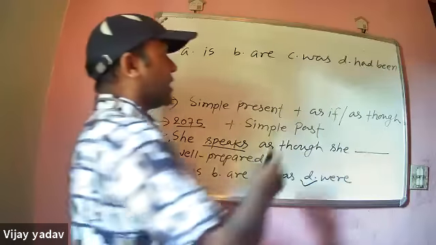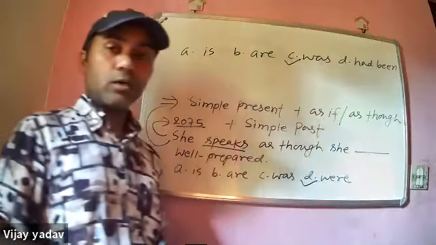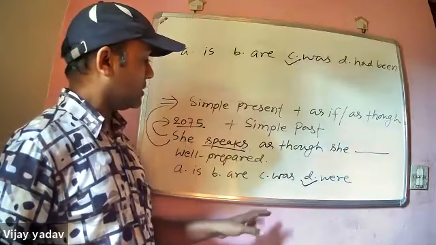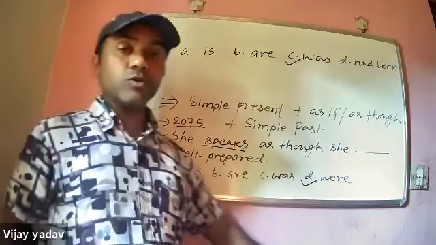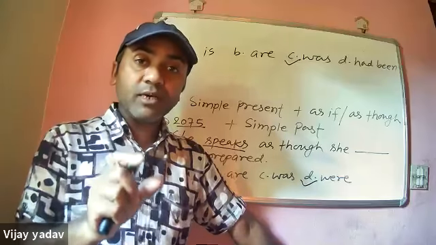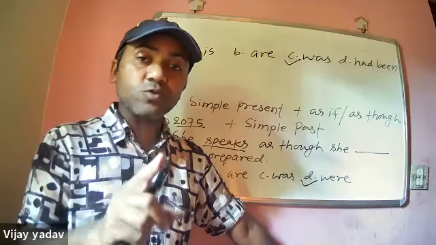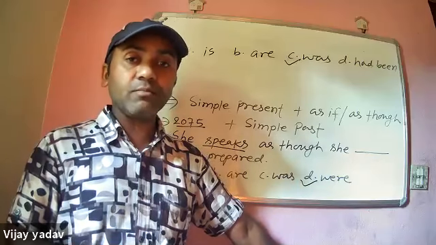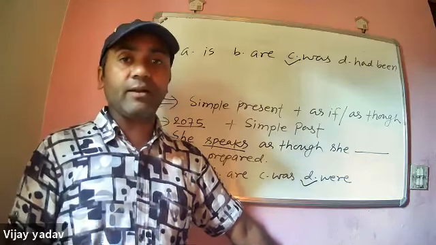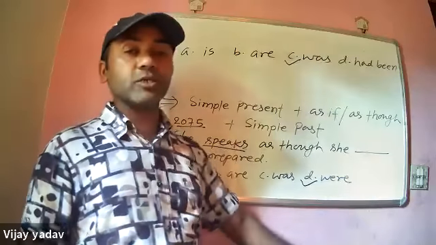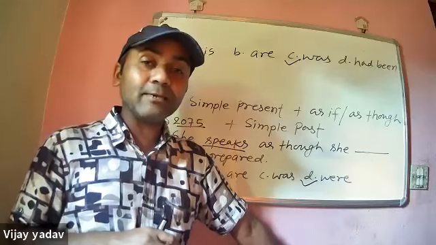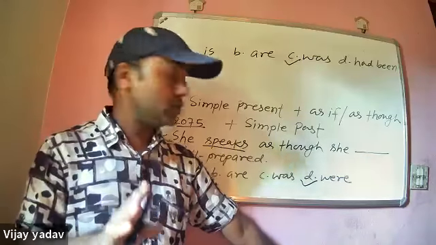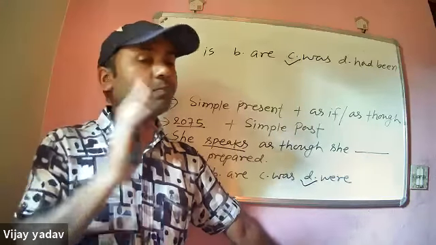No. Option C. Remember: after as though, if we use a be verb, then even with a singular subject we use were. Were is most appropriate. But if were is not given in the options, then we can select was. She speaks as though she were well prepared.